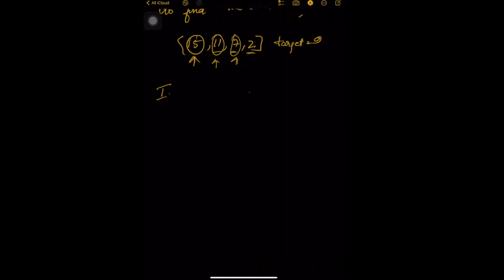We're traversing the array multiple times. We're starting with 15, trying everything after 15, then we're going to 11, then we're trying everything after 11, and so on. This is why the time complexity in this case is O of n square.